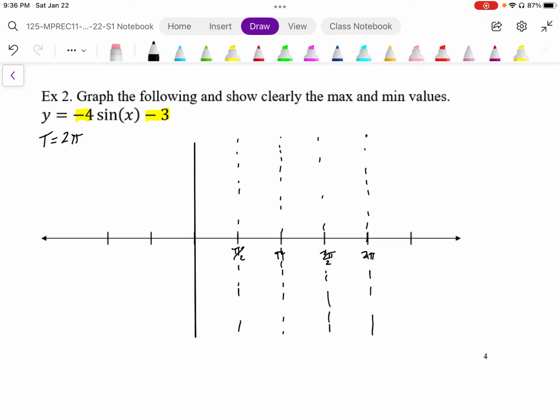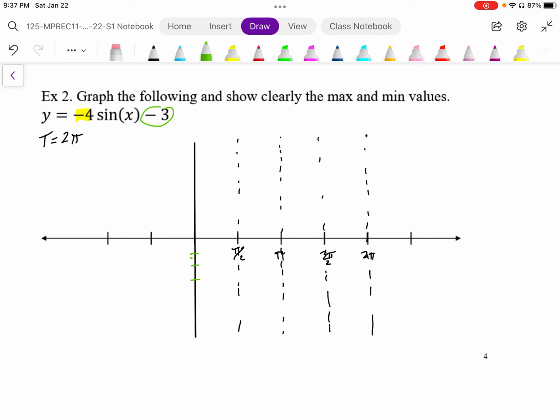Okay, I also need my reference for the middle. So I'm going to take that minus 3 and I'm going to draw in my new middle line. So I'm going to go down 1, 2, 3. Now I have to be a little bit conscious of my scale here because I know I have a middle at -3, but it goes up and down my amplitude, which in this case is 4.